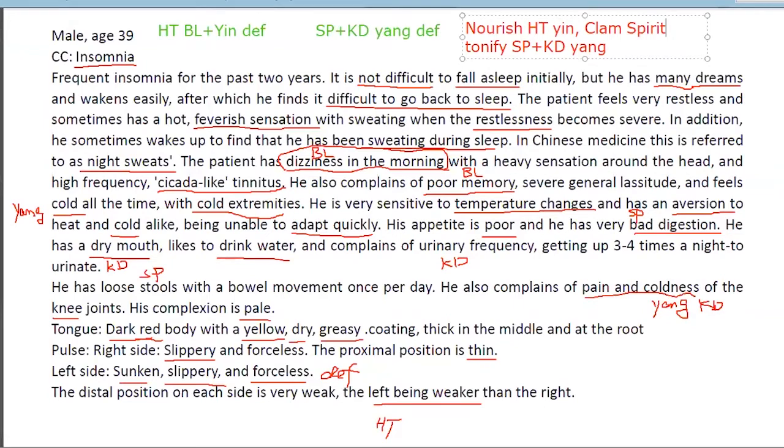We can say clear heat, but we don't especially say warming kidney there. If you put it there, you're still not wrong. But in clinical treatment, you may think a little bit more about how we can clear heat and how we can warm yang there. Usually this kind of condition is similar to heat above and cold below, so we clear heat from the upper part of the body and warm the lower part of the body.